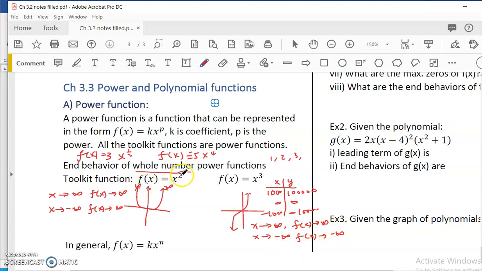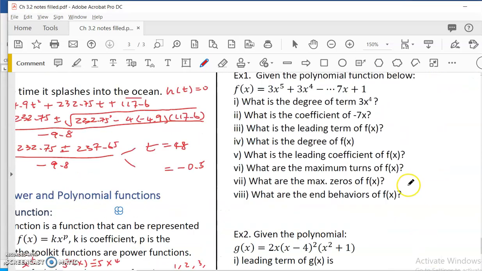Whereas for a square, an even power function, when you square a negative number, it's still positive. So in general, we can make this conclusion for k x to the n, where n is a whole number and k is a constant.